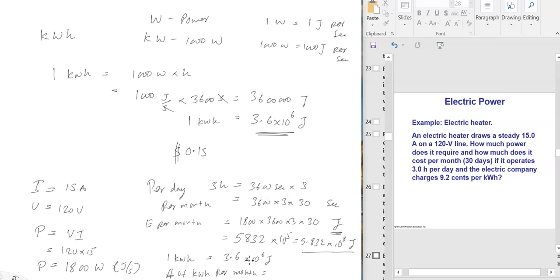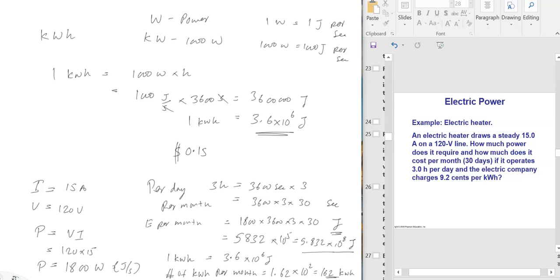So 5.832 divided by 3.6 is 1.62 times 10 to the 2, 162 kilowatt hours. Okay. All right.